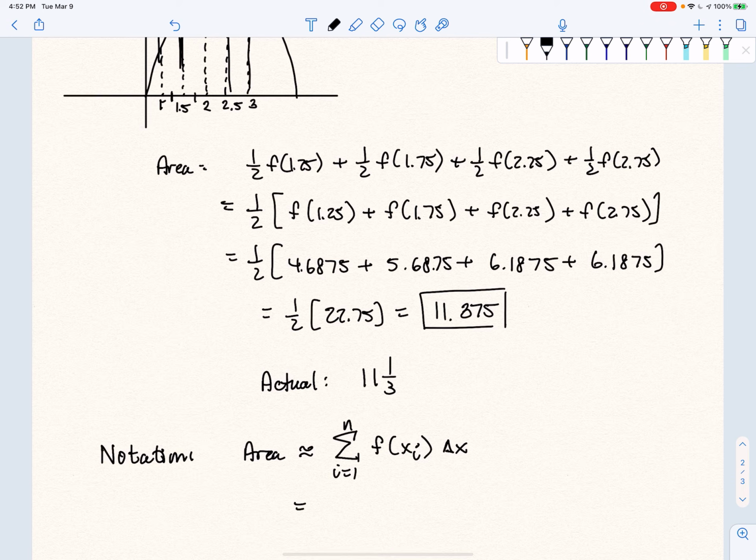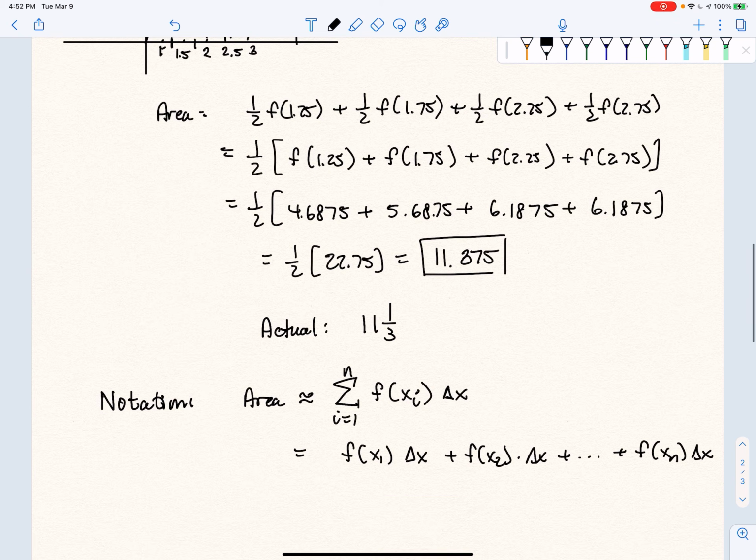So what this means is f of x1 times delta x, now that is the area of the first rectangle, right? Delta x times the y value, plus another delta x times the y value, all the way up to the last value of x that we're plugging in, and there's always n of them. If we have n rectangles, that means we have n things to add up. And of course, that means we have delta x times this sum right here.